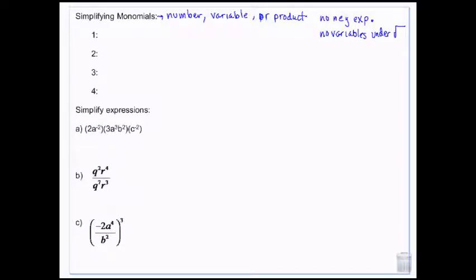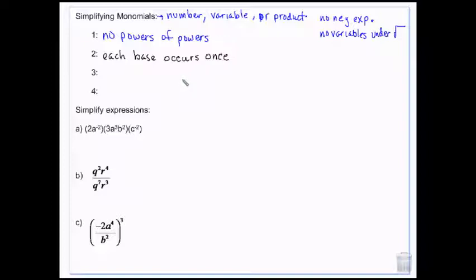Sorry about that. Okay, when it's completely simplified, there are no powers of powers left. Each base occurs once.